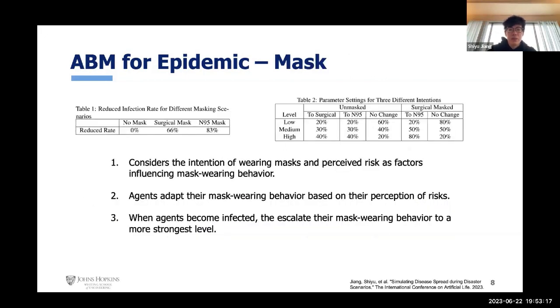And then we have the masking feature, which is a kind of precautionary measure. Basically we programmed 3 kinds of mask conditions. The first is no mask, the second is surgical mask, and the third is N95 mask. Different mask conditions have different infection rate reductions. We also programmed the intention of the agents, so we consider the intention of wearing a mask and perceived risk as factors influencing mask wearing behavior.